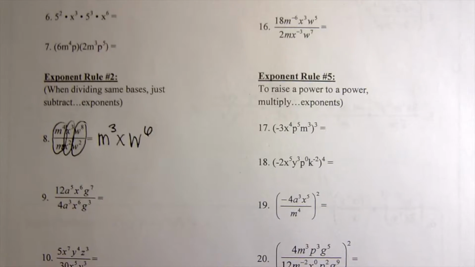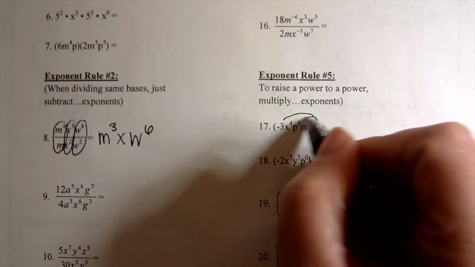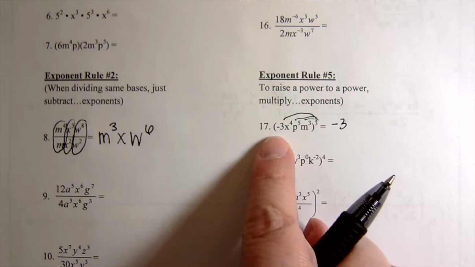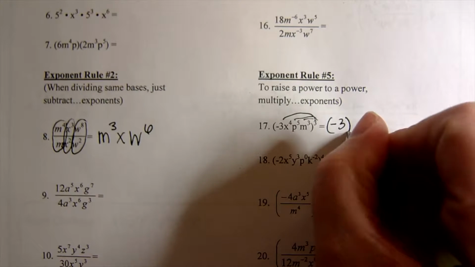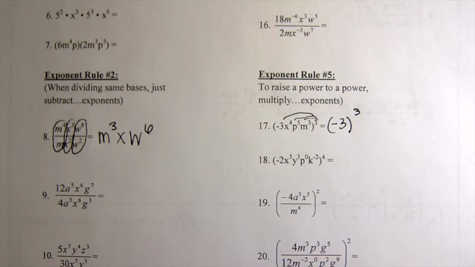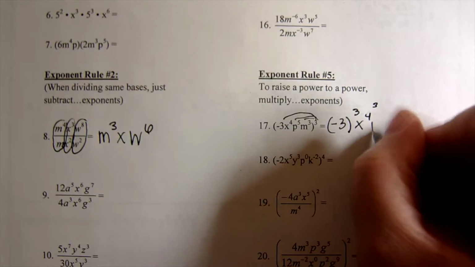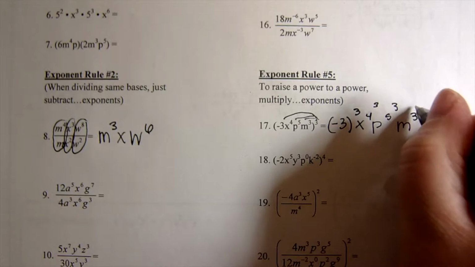And the last thing that we learned, number 17, we have a power to a power. So we put this 3 with everything in the parentheses first. Negative 3 started off in the parentheses. So when I redo this, it's negative 3 in parentheses cubed, x to the 4th power cubed, p to the 5th power cubed, and m to the 3rd power cubed.